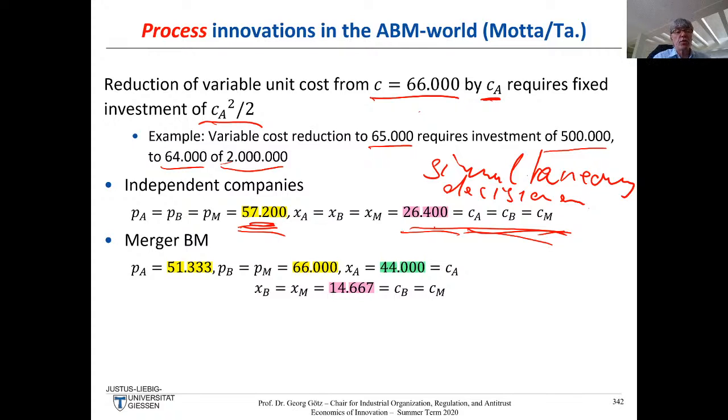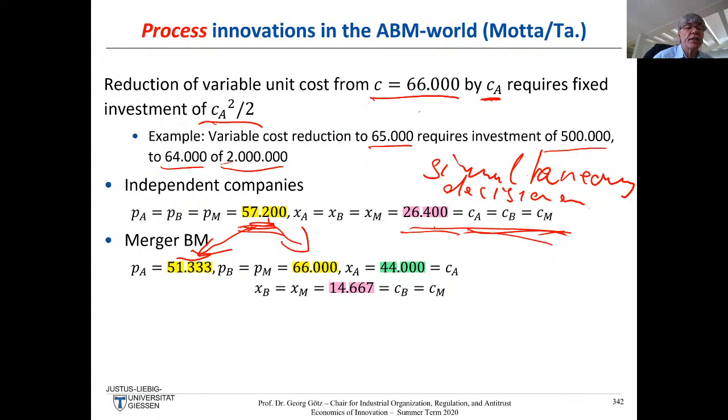Now, what is interesting now, and I just did all the same we also did previously, just looked into the case if we now only have two firms because BMW and Mercedes merge. And what you will see is, compared to this price here, the price of Audi decreases and the price of the joint company increases.